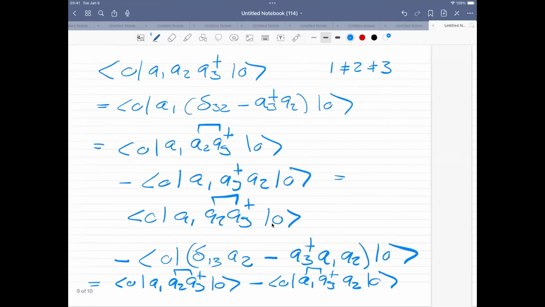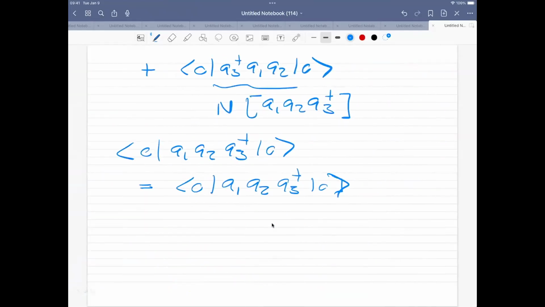And in the first case, we have the contraction between 2 and 3. The next one is something which we are going to write with a plus here, but we have to be a little bit careful because we are interchanging operators.